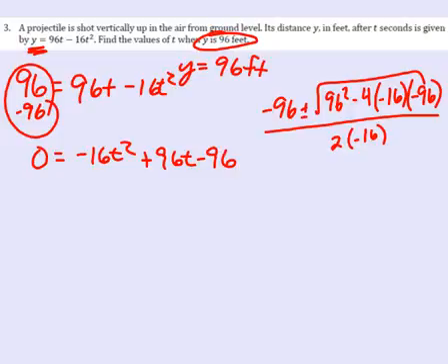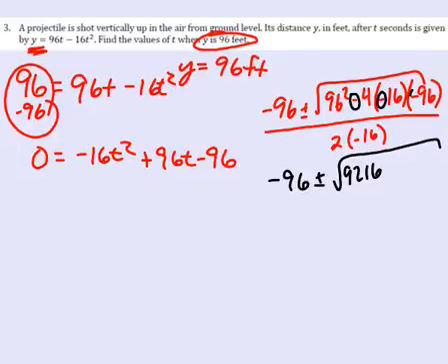So, negative 96 plus or minus. First thing I would check is 96 squared, which is 9216. Now, if I remember correctly, 4 times 16 is 64, times 96. So this is negative, negative, negative.